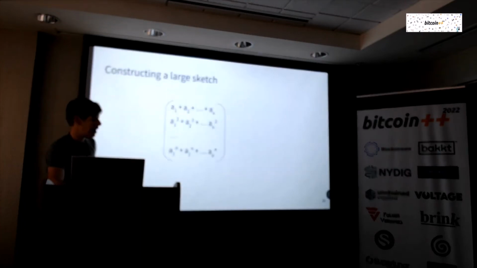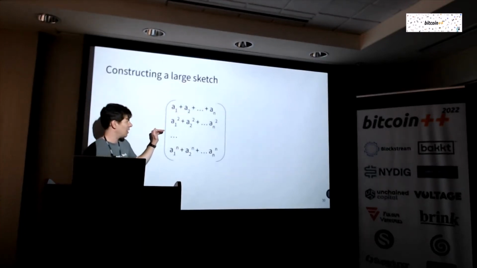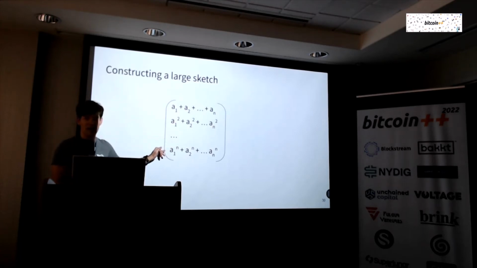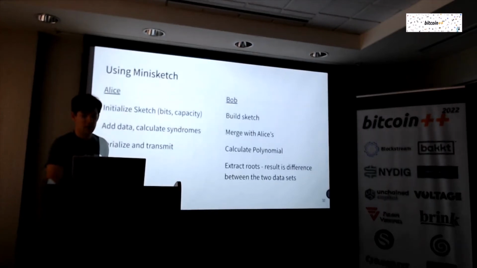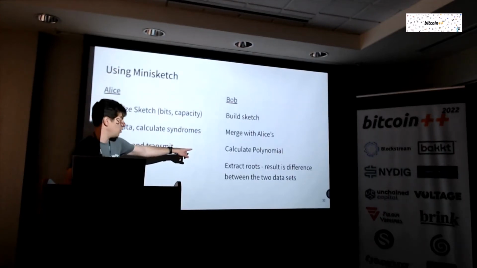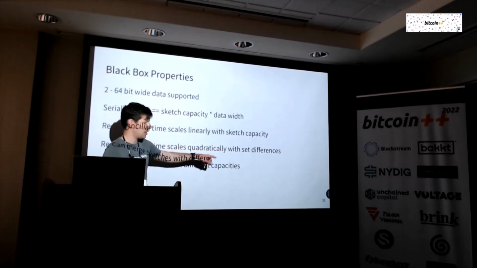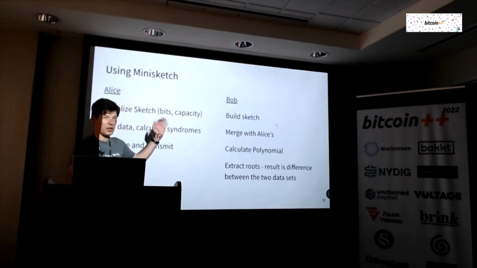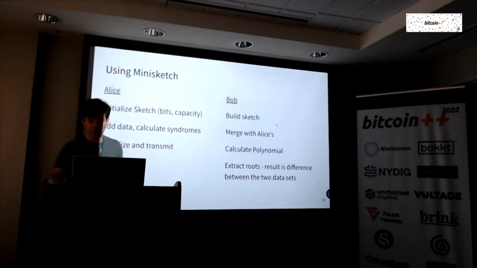The way the math works out is you can just truncate this array at any point so that they're equal, and then you can merge those two sketches. So you lose some of your capacity there, but they merge and are able to be solved just fine. Then you use the Berlekamp-Massey algorithm that solves it, and the result is all the data that you're missing between the two.